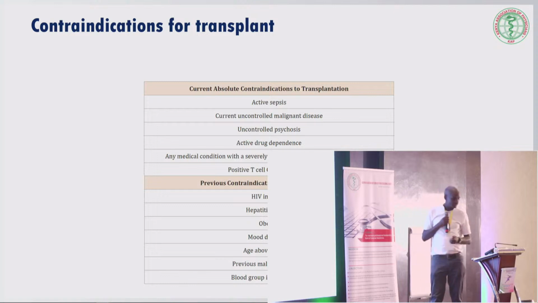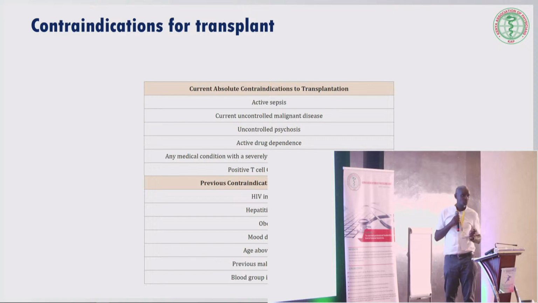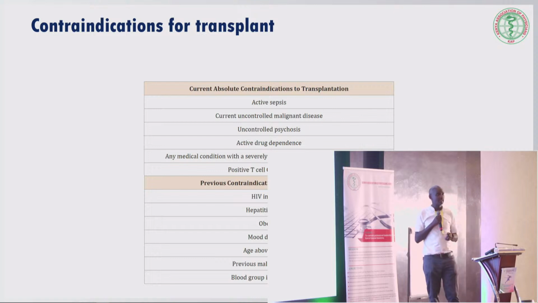So some of the contraindications, therefore, really the absolute contraindication for a transplant is if a patient has ongoing active sepsis at the moment, or a patient has an uncontrolled malignancy. Okay? Now let's be careful. A patient who has a history of cancer is not excluded from transplant. Okay? But if it's currently uncontrolled, yes, then they cannot go through a transplant.